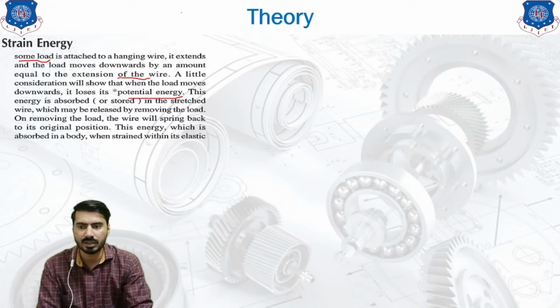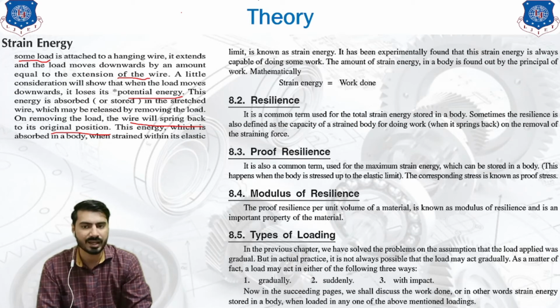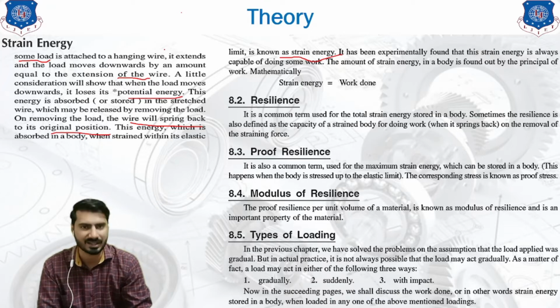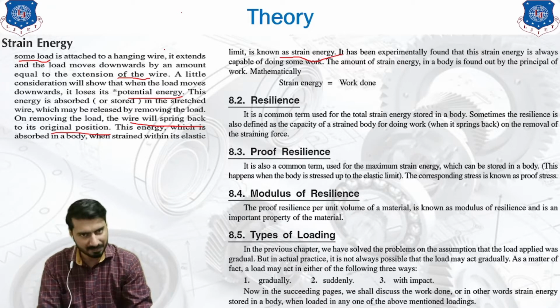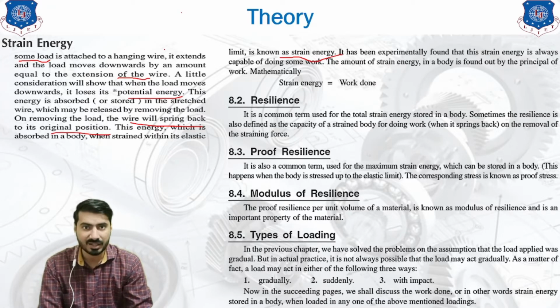On removing the load, the wire will spring back to its original position, and this energy which is absorbed in the body when strained within the elastic limit is known as strain energy. So this is the complete definition of strain energy. Simply we can say that whenever a body is strained up to an elastic limit, when you remove that load, as the load was within the elastic limit, the material will try to regain its original condition.